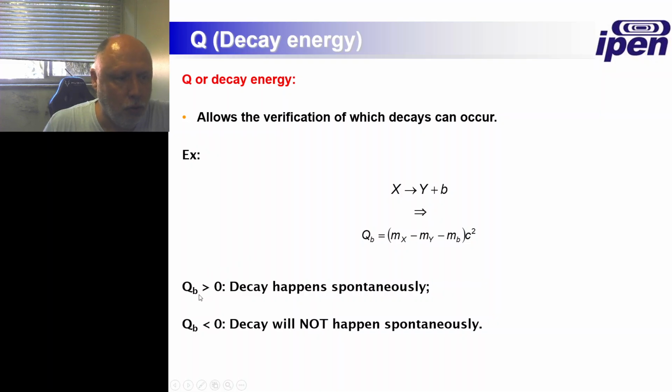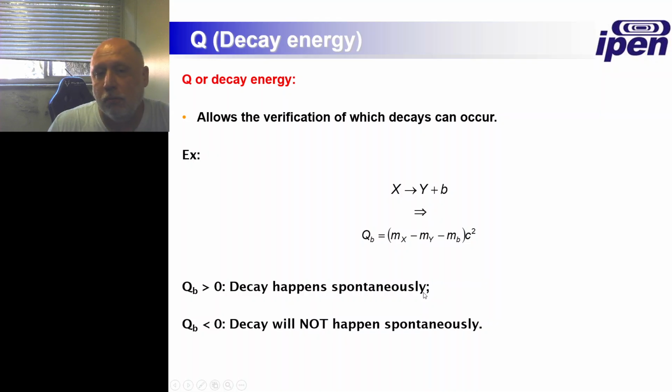So, when Q is greater than 0, meaning energy is released, this side here is lighter than this side here, right? If that's true, you have diminished the mass and released energy. We call it an exothermic decay.